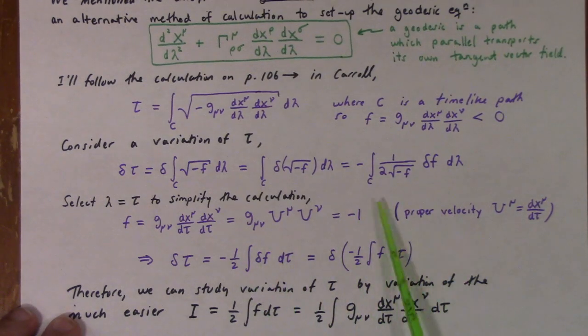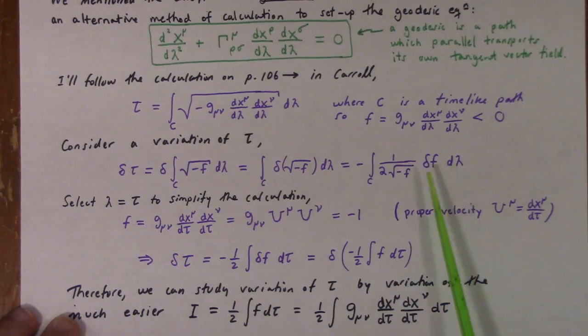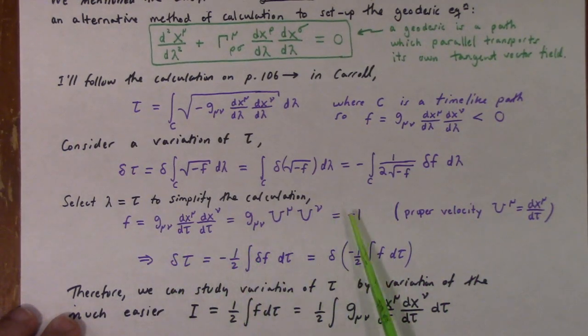But if you change the parameter from lambda to tau, or just set lambda equal to tau, then f is just equal to minus 1, and so the variation of tau becomes minus 1/2 the variation of f d tau.